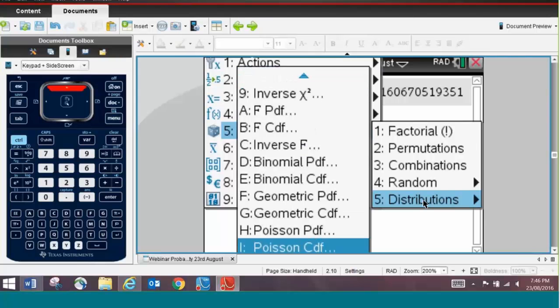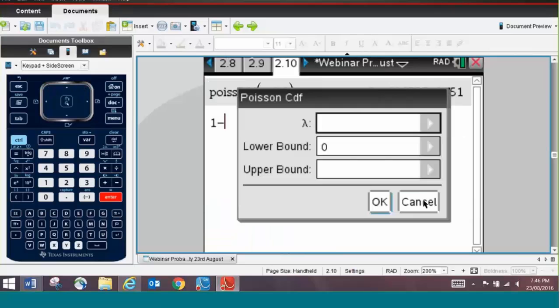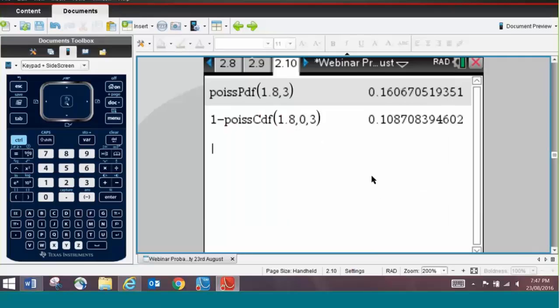And if you go up on the calculator, that's the first one you get. So the Poisson CDF, the rate was 1.8. The lower bound, because we're subtracting up to and including, we'll leave that at 0, but you can alter that depending on what you are finding, and the upper bound, because it was more than 3, we want to include the 3 in what we want to take away. And so that will do the calculation very simply for you.